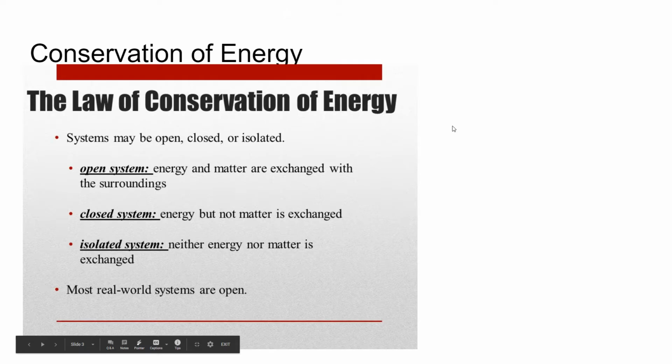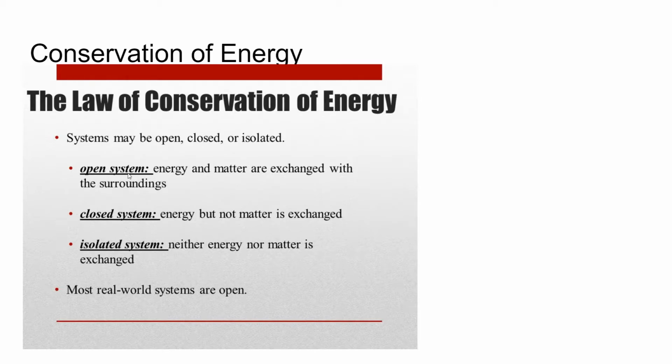So when we're looking at energy, we want to understand that there is a law here, and it's called the law of conservation of energy. Basically, the law of conservation of energy states that energy cannot be created nor destroyed. And when we're looking at that, we know that there are different types of systems. We can have an open system, a closed system, or an isolated system, and each one of those will follow the same law.